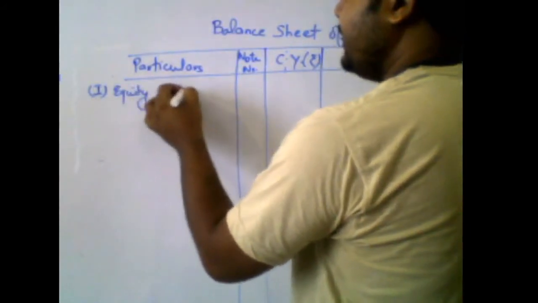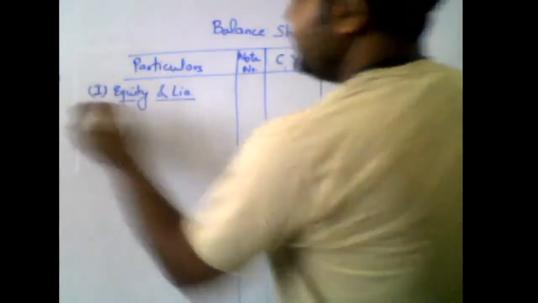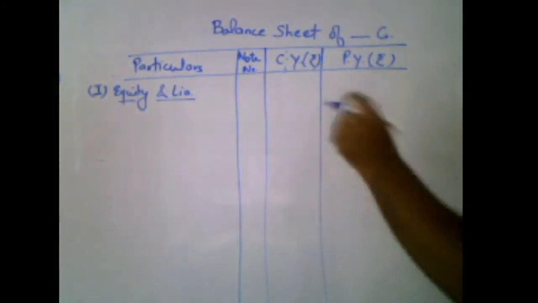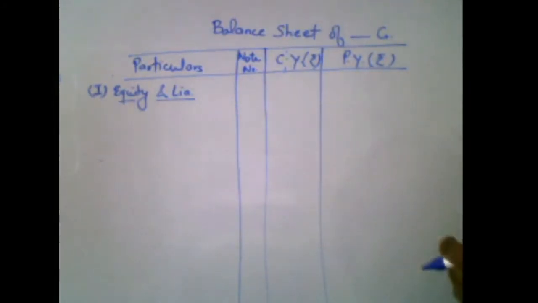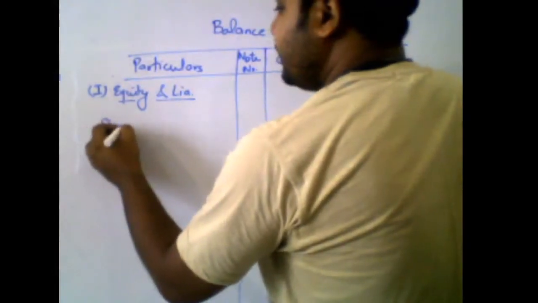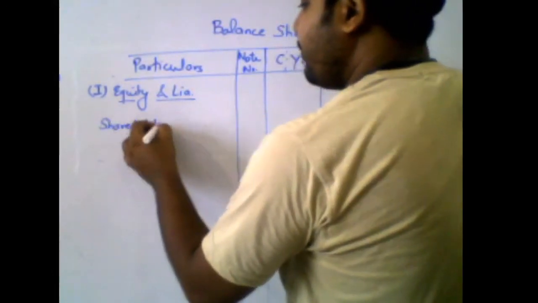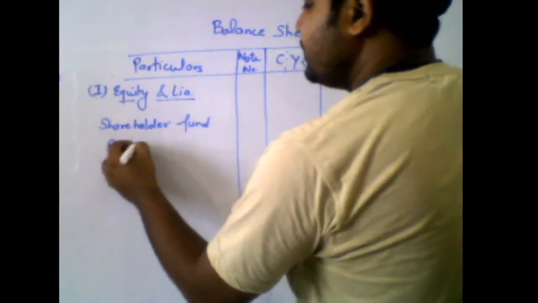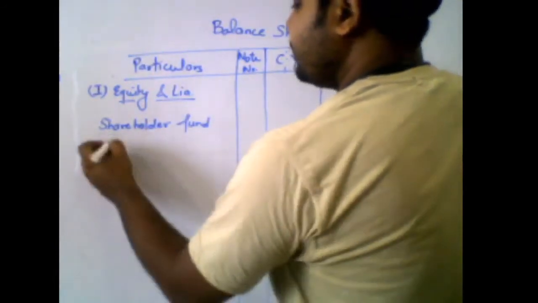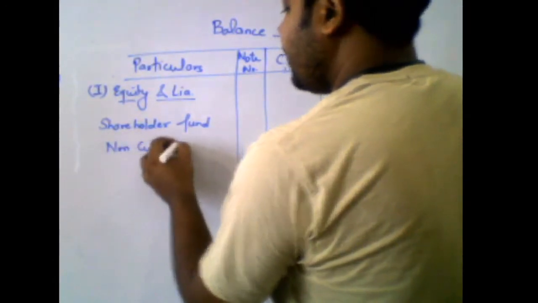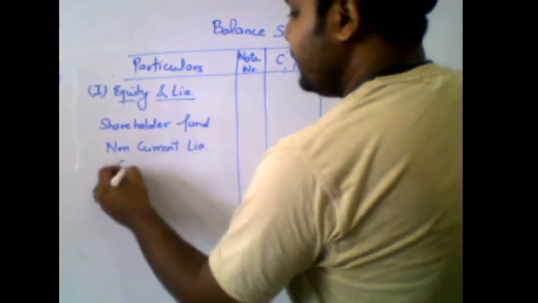Equity and liability. Okay, and in this head, in this side, we can see the main heads of equity and liability: shareholder fund, non-current liability and current liability.